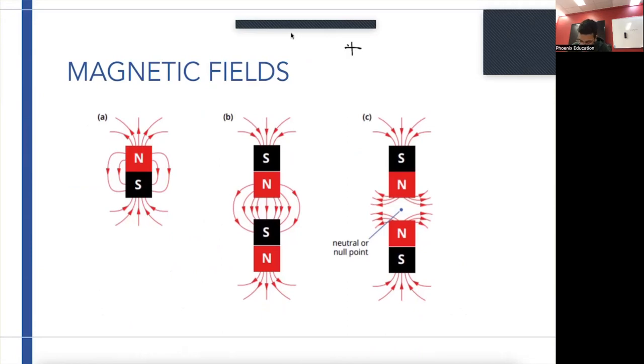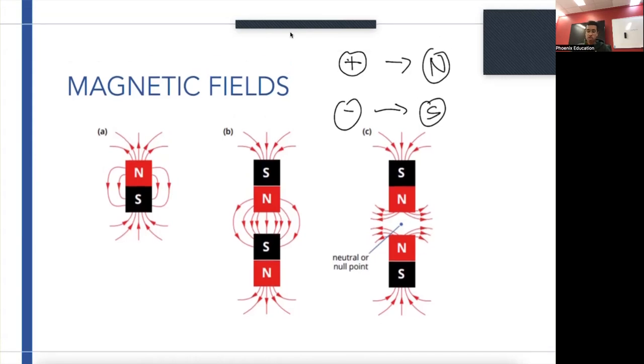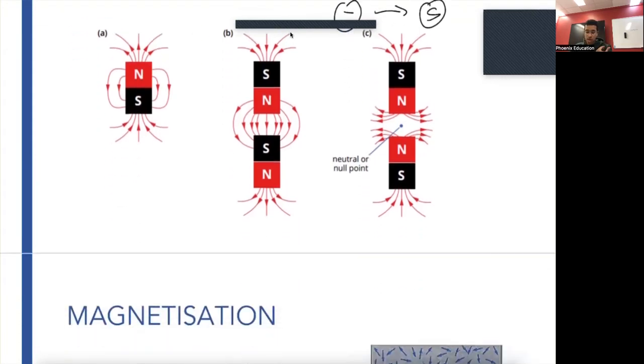In the charge case, a positive charge has field lines going out, and the positive charge would be analogous to the north magnet, and a negative charge would have the same field lines as the south magnet. Okay, so field lines go out from the north and go into the south.